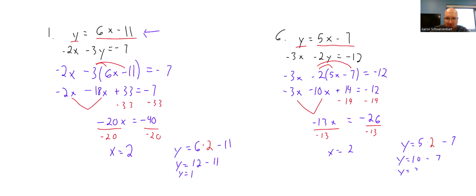I guess I didn't do this on the first one. It's always good to write your answer as an ordered pair, x, y. And then we remember that this is an intersection of two lines, which is a point.